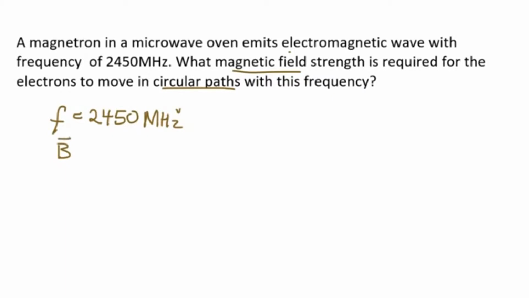Since this question is asking for the magnetic field strength, we need to go back to this particular question, which talks about a circular path. To accomplish a circular path, we need to figure out the trajectory of the electrons, and this trajectory, which is a circular path, actually requires an angular frequency.